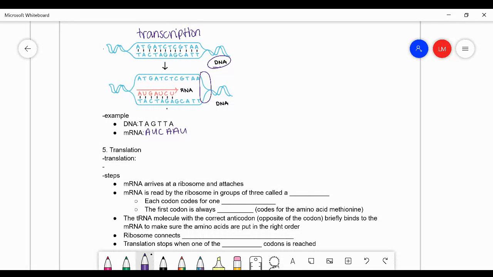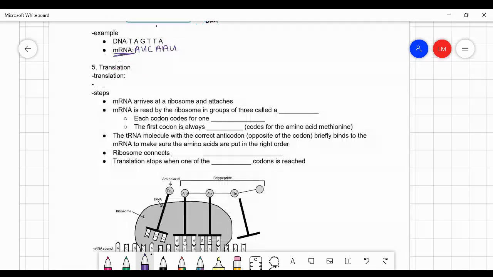And so we're transcribing that information that's stored in the DNA into something smaller, mRNA, that is small enough to leave the nucleus. So we're transcribing the information from one place to another, and then mRNA can actually be used because it can leave the nucleus. And after it does leave the nucleus, we can move on to translation.